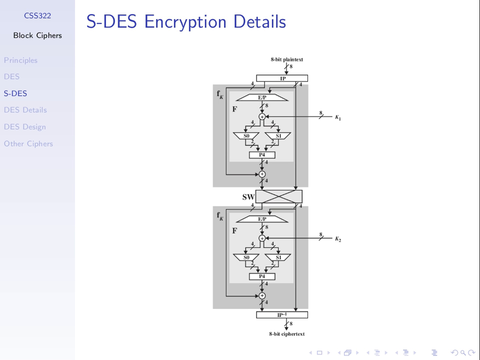So we're here now. That's the output of the function fk, those 8 bits, 1, 1, 0, 1, 1, 0, 0, 1. The output of the first round.